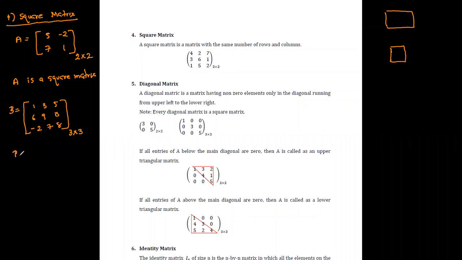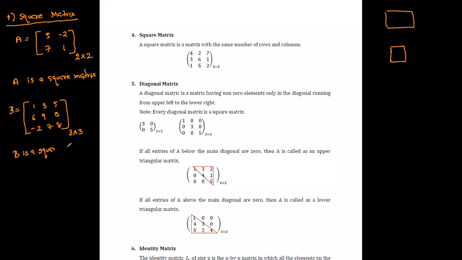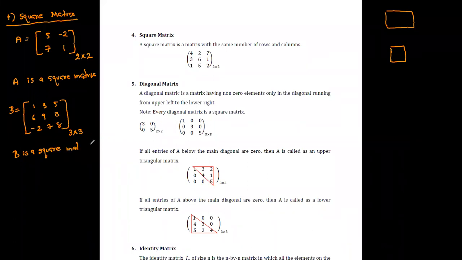Then we can say that B is a square matrix. Therefore, if you can see an equal number of rows and columns in a matrix, then such a matrix is said to be a square matrix.